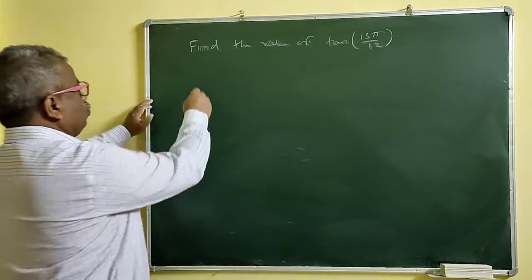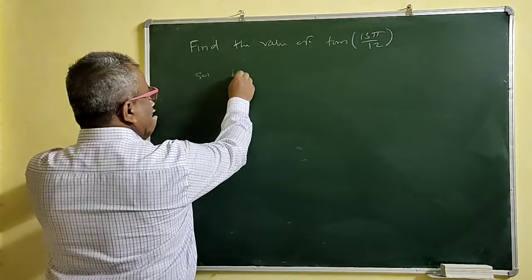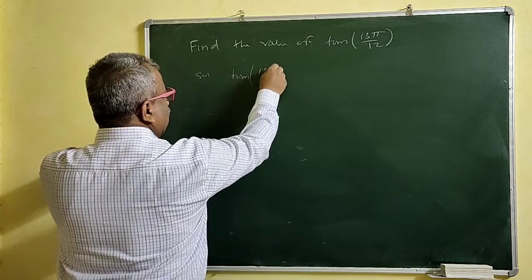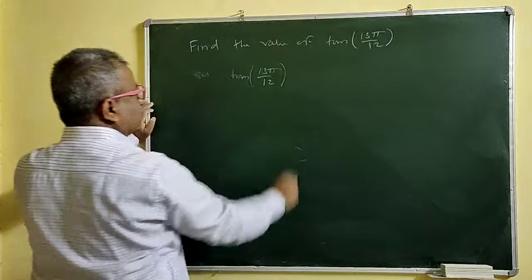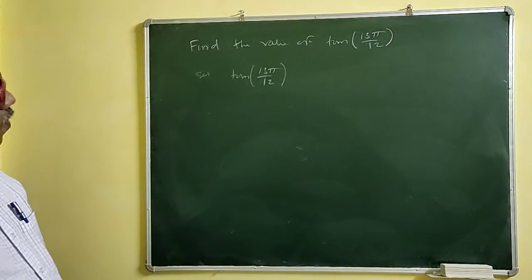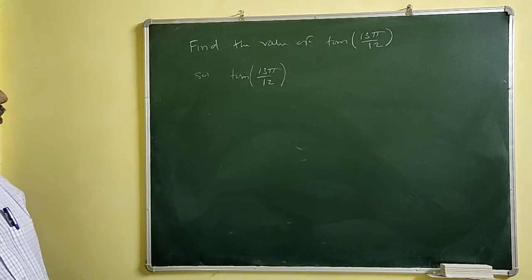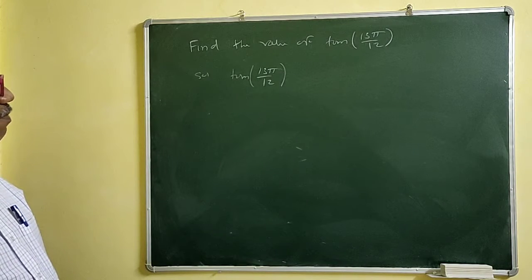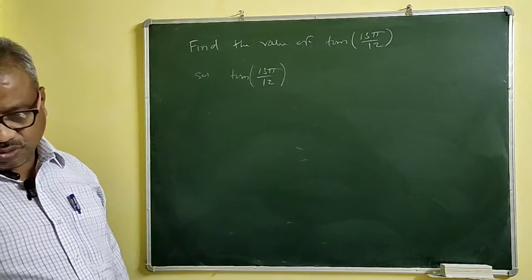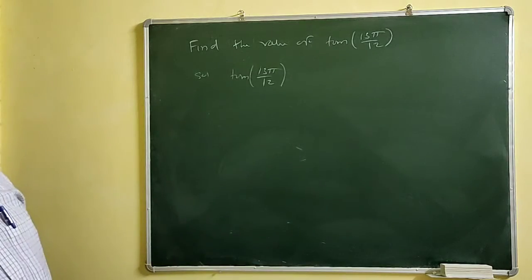So solution: tan of 13 pi by 12. Write it in terms of pi like this, so that both the values are known to you.